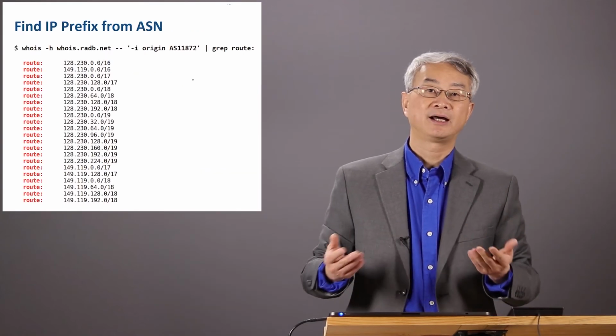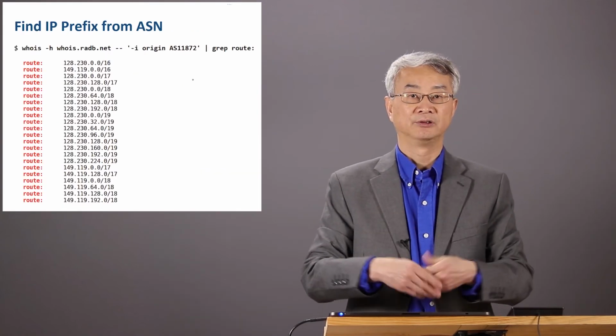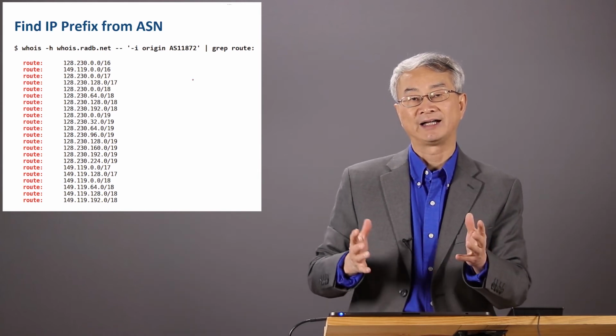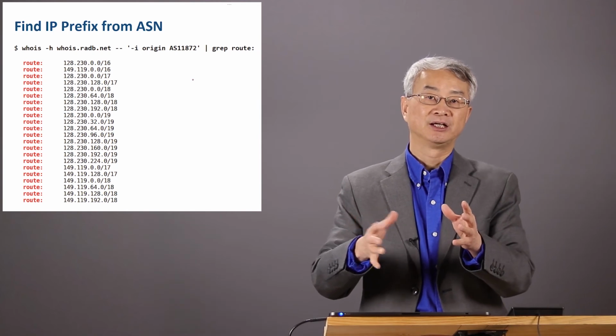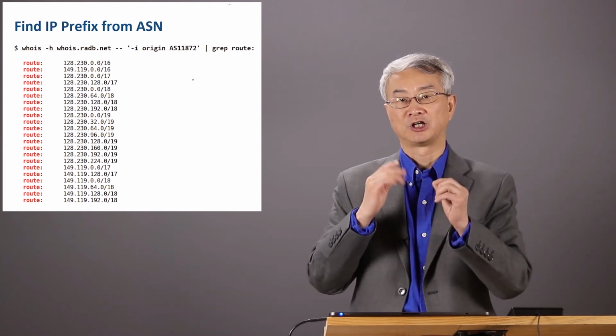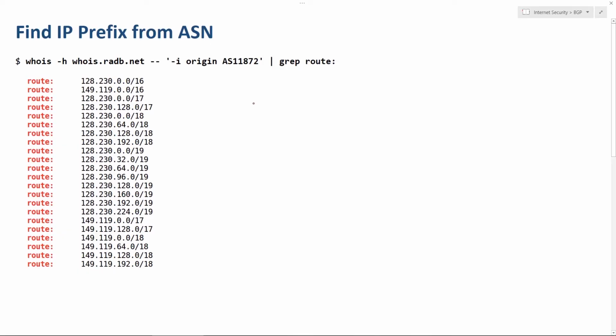Here's another command line tool that you can use in your Linux, and you can simply use whois to find out the network prefixes announced by a certain autonomous system. So here I'm trying to find out the announcements made by this autonomous system. I'm using this database, whois.radb.net.